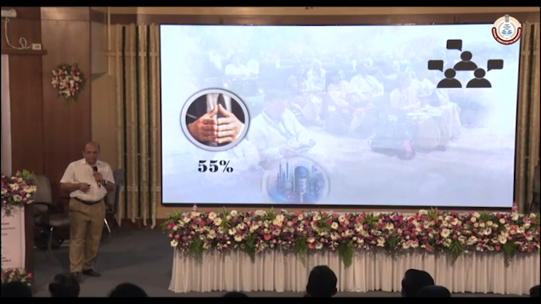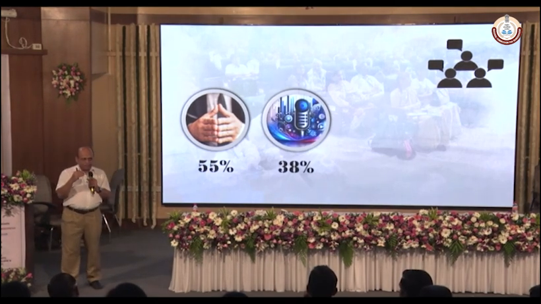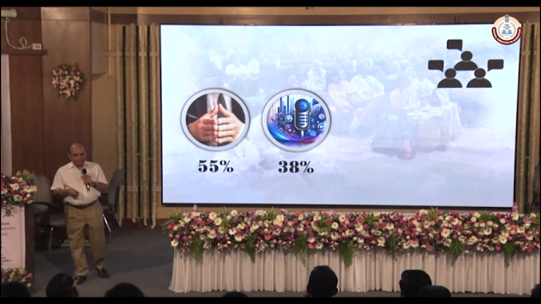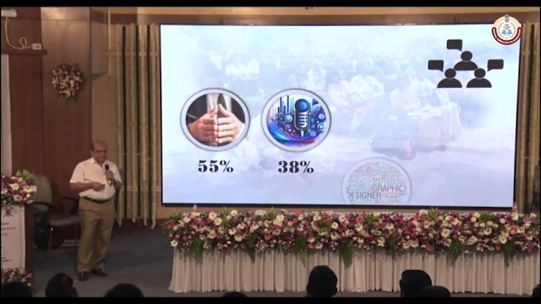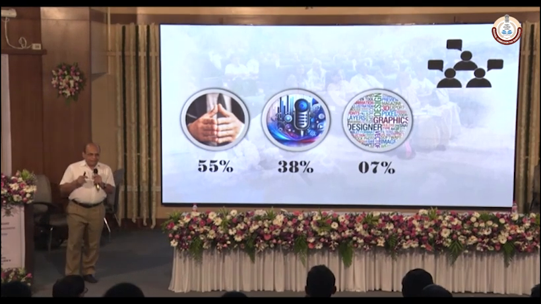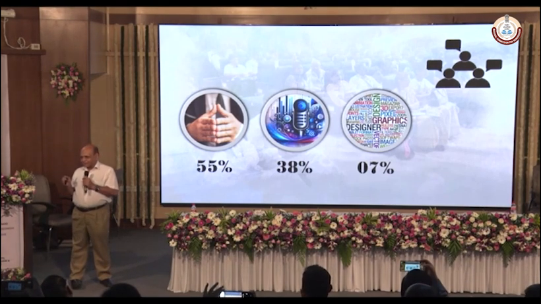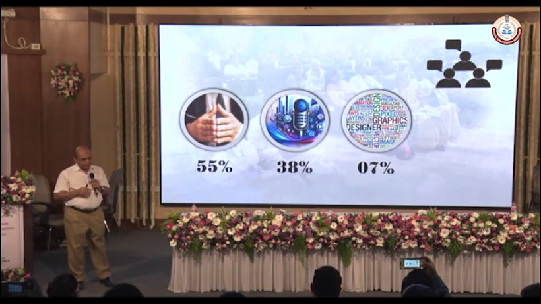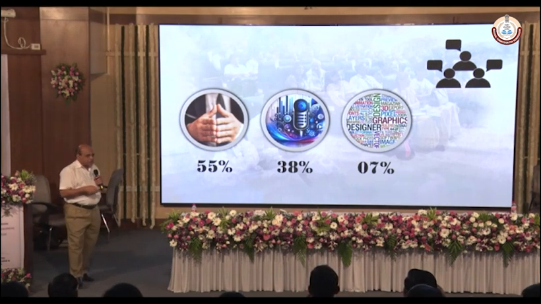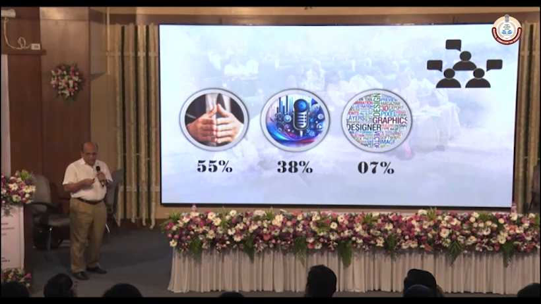And the 38% is for the way we speak, the voice tone, the pause, about 38%. And the remaining 7% is the subject matter. Our subject knowledge has 7% influence for the success of learning. So if you want to make 100%, you have to adopt these. So this is something which we all need to understand in the practice of teaching.